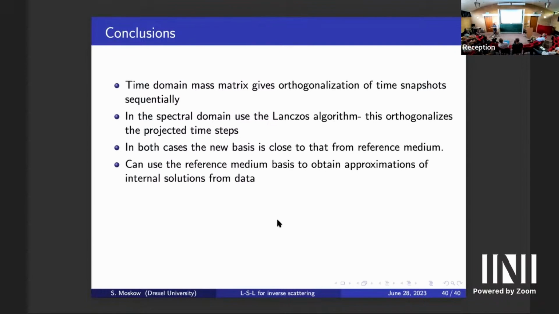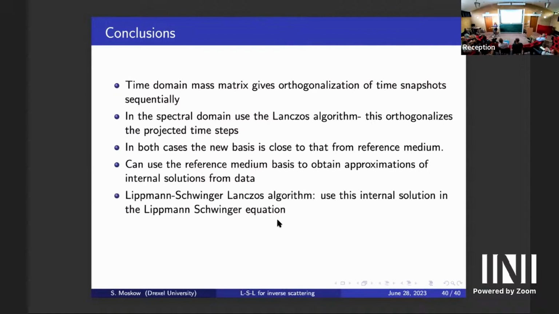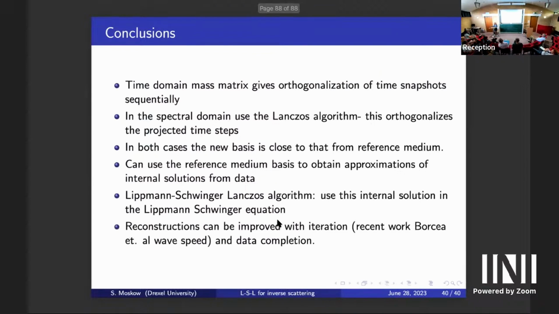We can use the reference medium basis to obtain approximations of the internal solutions from the data, and then use the internal solution in the Lippmann Schwinger equation. That's the basic framework of this method. Reconstructions can be improved with iteration. There's recent work with Liliana Borchea and other co-authors where they've done wave speed.